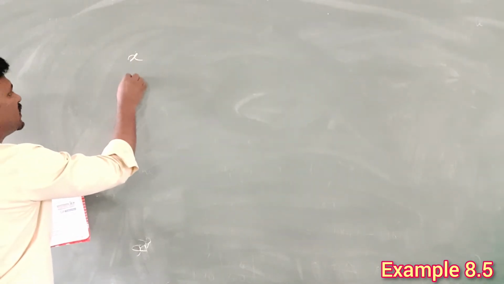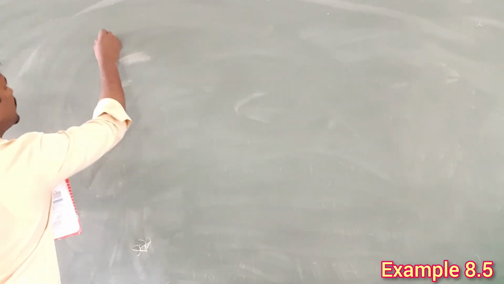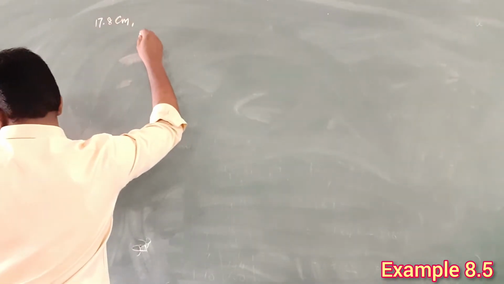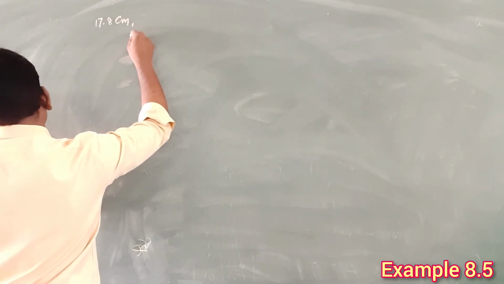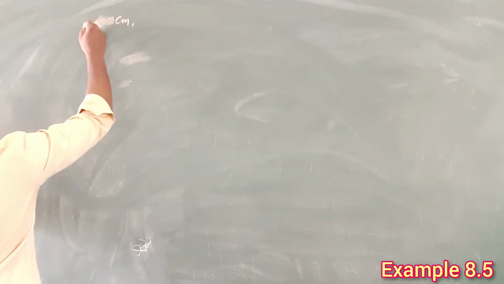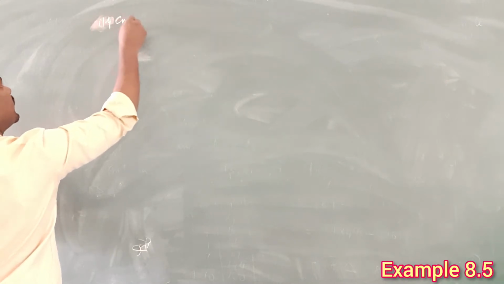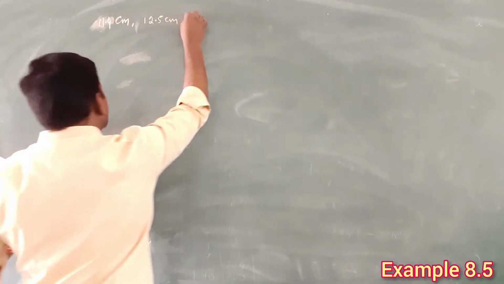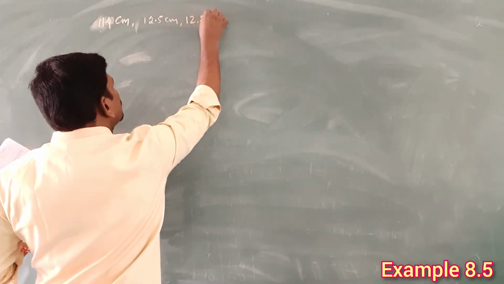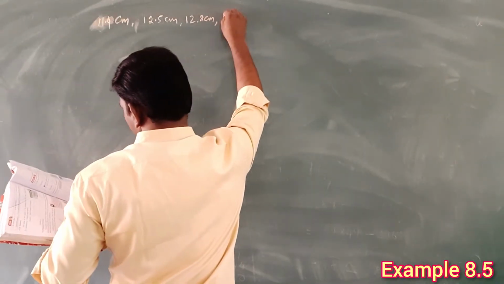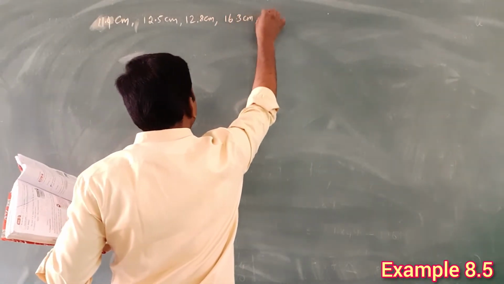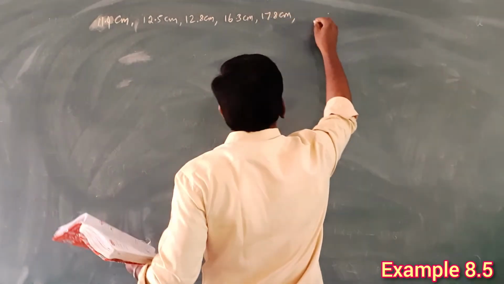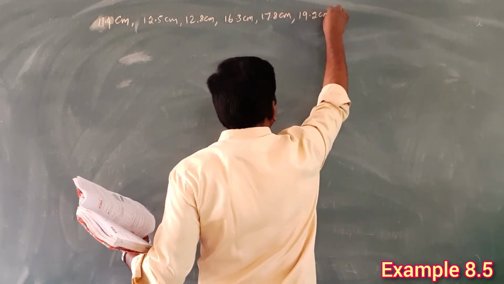The different rainfalls are 17.8 centimeter, 11.4 centimeter, 12.5 centimeter, 12.8 centimeter, 16.3 centimeter, 17.8 centimeter, and 19.2 centimeter.